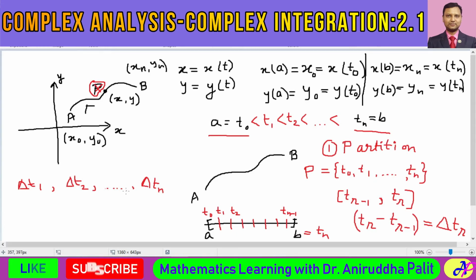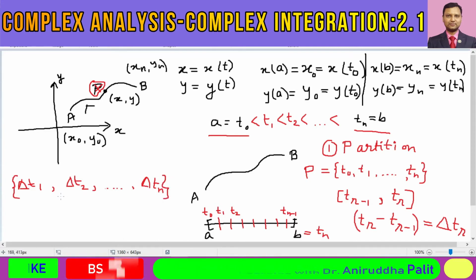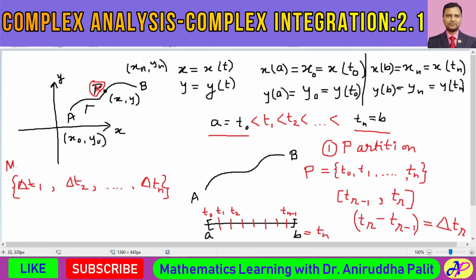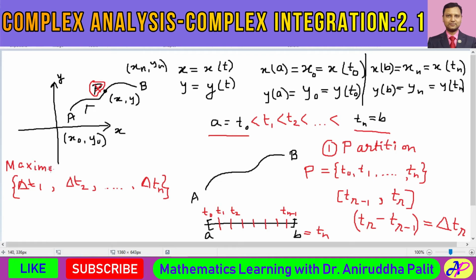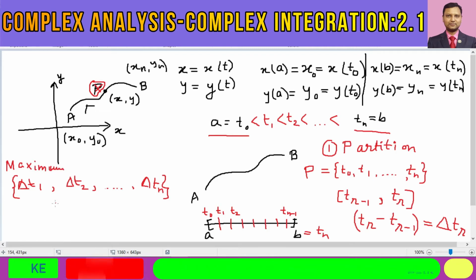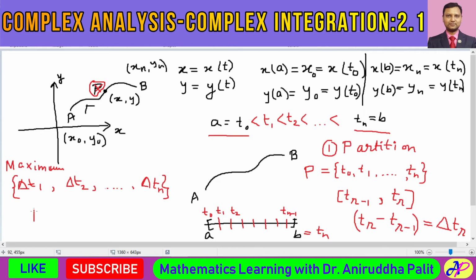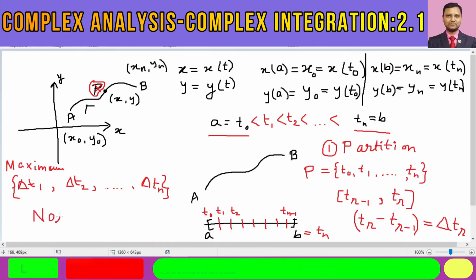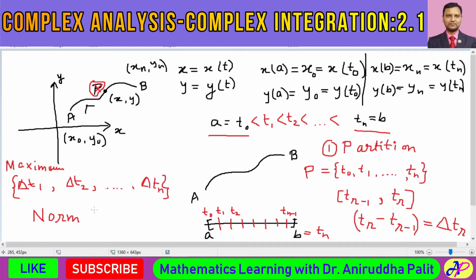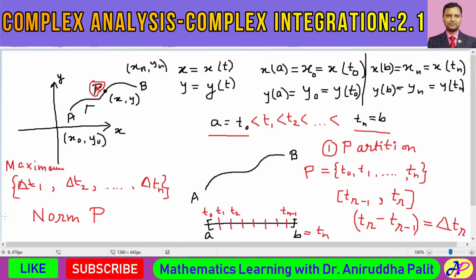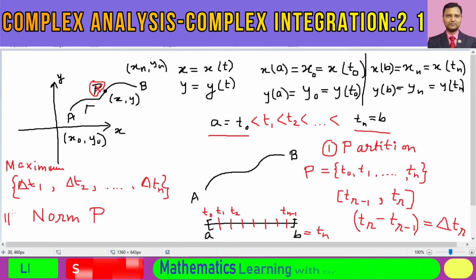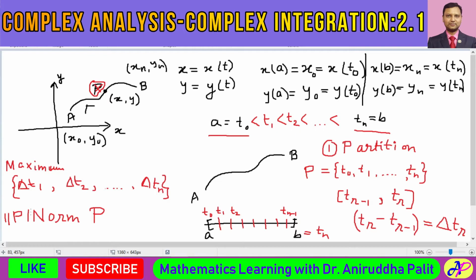If you consider the maximum of all these subinterval lengths, then that maximum value is called the norm of the partition P. The norm of the partition P is sometimes designated by this kind of notation.